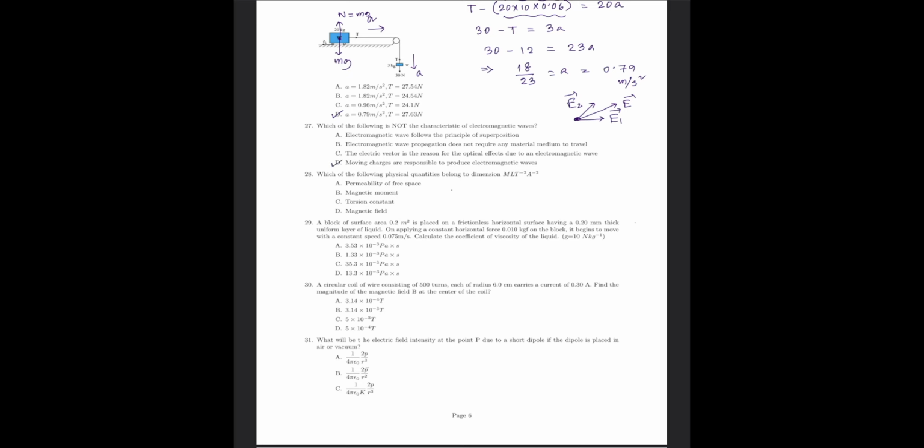Now the question is, which of the following physical quantities belongs to these particular dimensions? So we have to check with all of the given options.